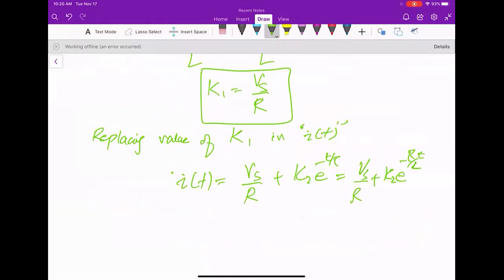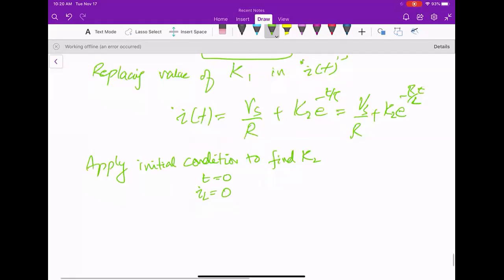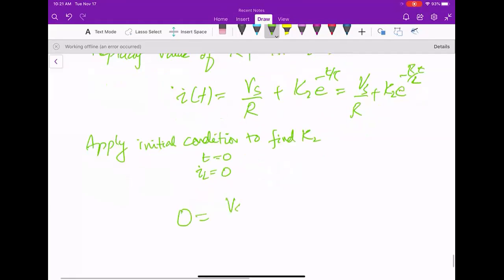Okay, so let's try to apply initial condition to find K2. So the initial condition, we know t is equals to 0. At t is equals to 0, we have, let's say, IL is equals to 0. Then it will become 0 is equals to Vs by R plus K2.